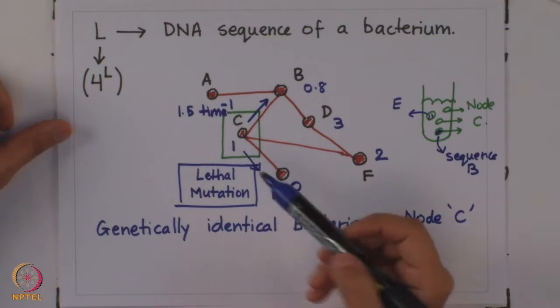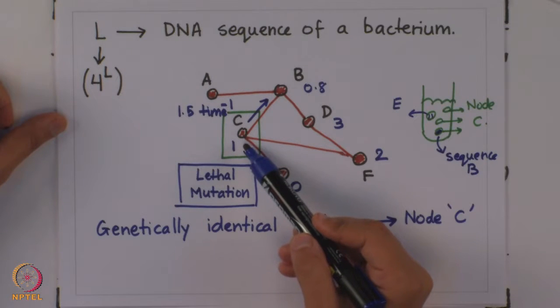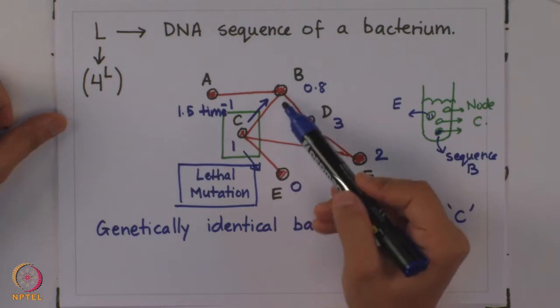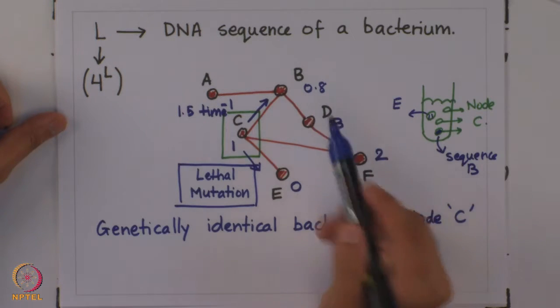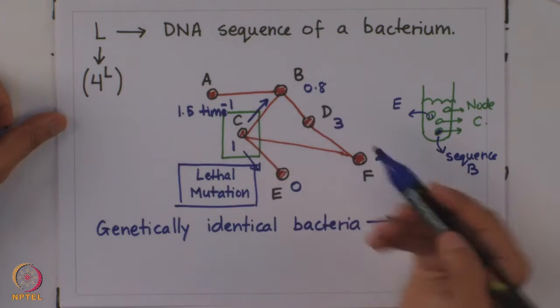What has happened here is that while the rest of the population is growing at growth rate equal to 1, this one mutant, which has the sequence corresponding to node B, is growing at a growth rate of 0.8, which is less than 1.